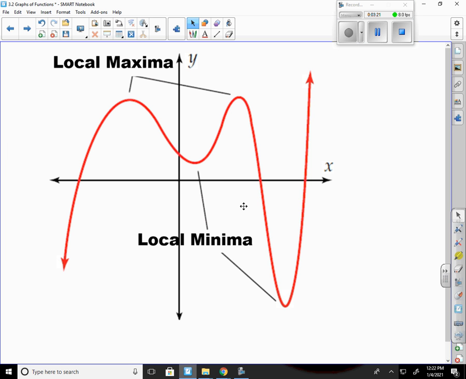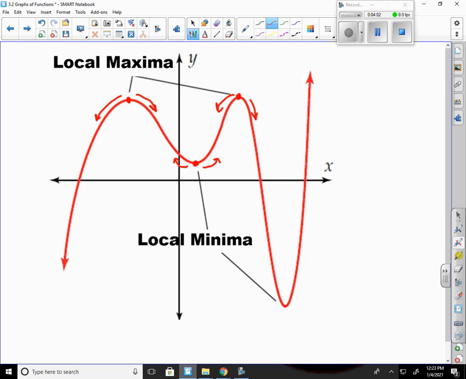So whenever I look at this graph, I can see that I have these peaks and valleys here. Up here at the top, if I pick this point here, then all the points around it are below. The points directly beside it go lower than it is on either side. That's what makes it a local max. Same thing over here. If I pick the highest point, then all around it is low. Local mins work the same way. I can go to the lowest point, and every point around it is higher on either side.